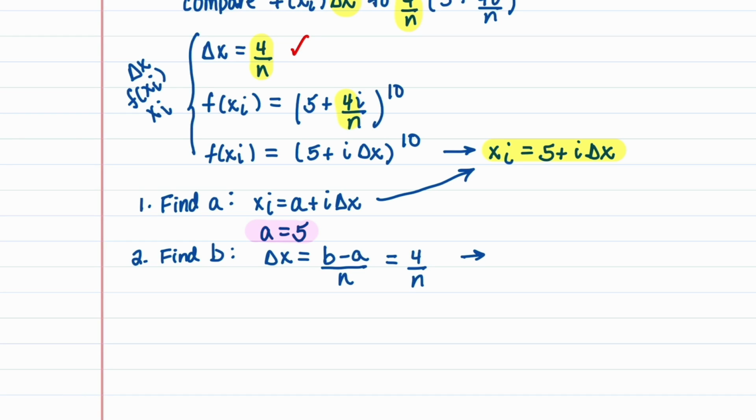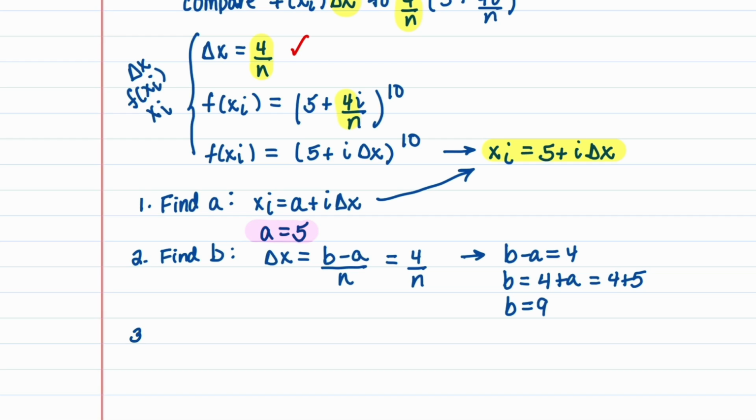So that tells us that b minus a is equal to 4, or b is equal to 4 plus a, and we found that a was equal to 5. So this is 4 plus 5, and we get that b is equal to 9. Now, hang with me. We are almost done.